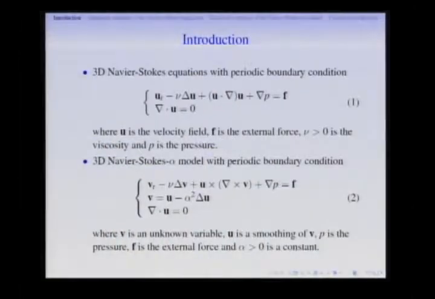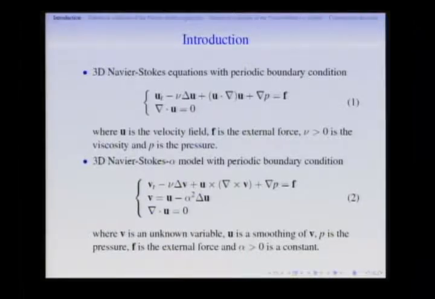So let me start with the equations considered in this work. The first one is the 3D Navier-Stokes equations with periodic boundary condition, just to simplify. So U is the velocity field, F is the external force, nu is the viscosity, and P is the pressure.